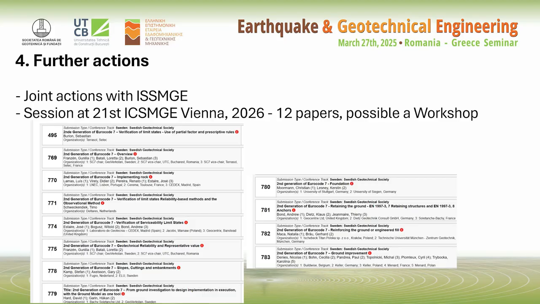Maybe you know that in 2026 we will have the 21st International Conference of Soil Mechanics and Geotechnical Engineering in Vienna. And for this, we proposed from SE7 12 papers dealing with different aspects of the new Eurocode 7. And we are discussing also the possibility of having a workshop.